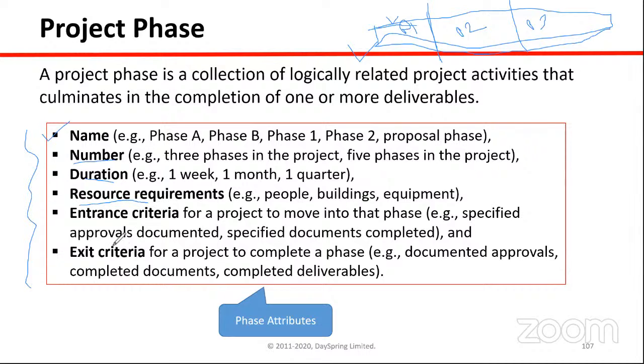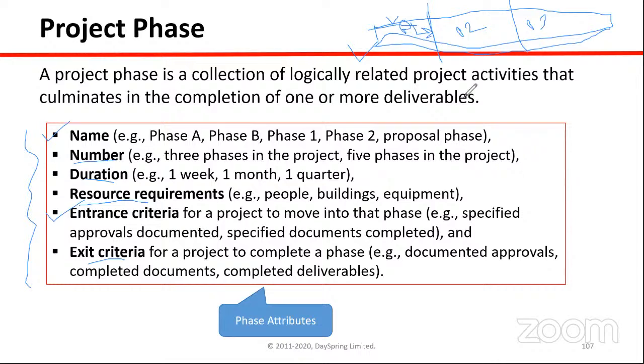And when we start a phase, there will be some entrance criteria. For example, if you do not finish the design part, then you cannot start the piling part. So these are the entrance criteria for the second phase. Exit criteria: when do we understand that this phase is complete?